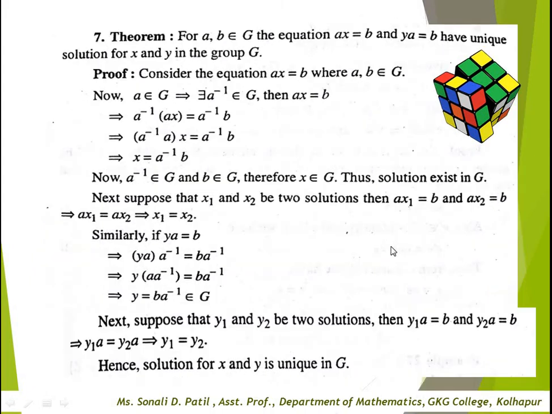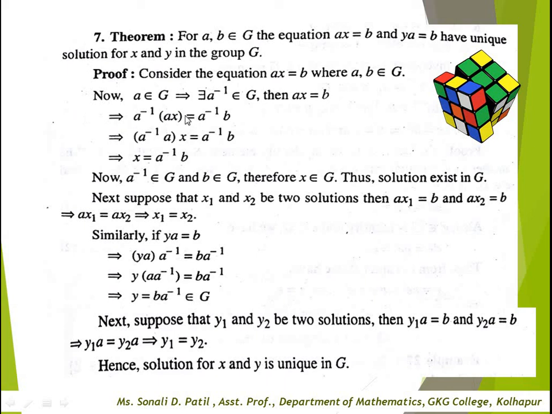Okay. Now the next theorem: for A, B belongs to G, the equations AX is equal to B and YA is equal to B have a unique solution for X and Y in the group G. Let's start with the proof. Consider the equation AX is equal to B where A, B belongs to G. Now A belongs to G, this implies that there exists A inverse belongs to G. Then AX is equal to B, so we can multiply this equation by A inverse on the left hand side.